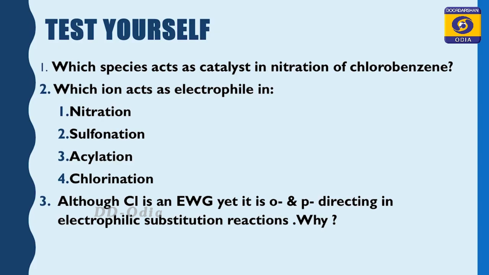Although chlorine is an electron withdrawing group, students, this is a very typical question. So, here there is a summary of our discussions. Please be very careful in this question. Although chlorine is an electron withdrawing group, yet it is ortho-para directing in electrophilic substitution reactions.